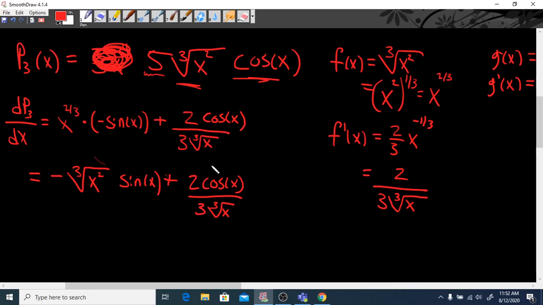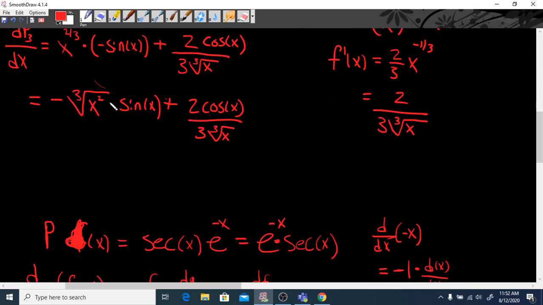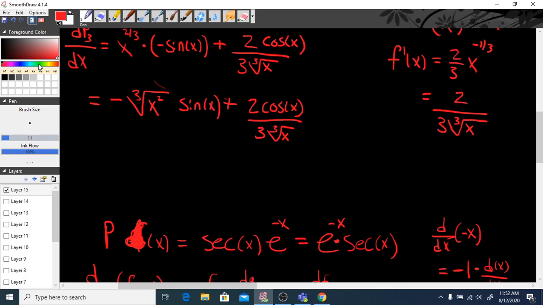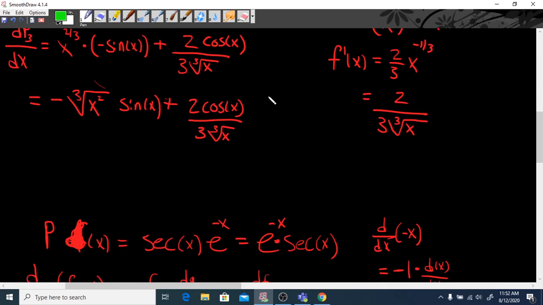But we could see it in a different way, because now we have two fractions with different denominators, so our common denominator is going to be 3 cubed root of x. All right. So we need to multiply top and bottom of term 1 by 3 cubed root x.